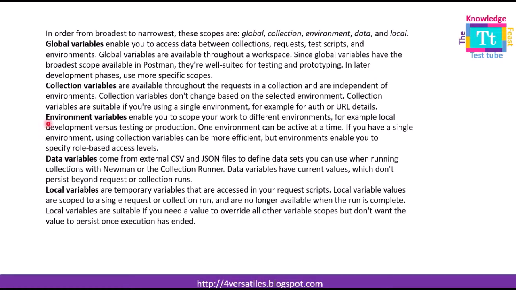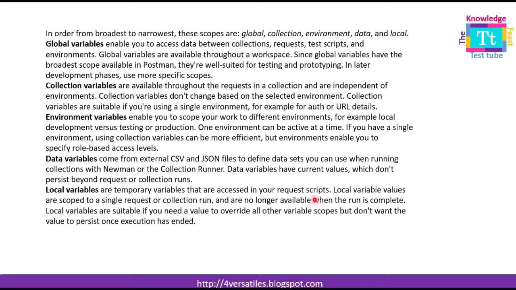So we'll see the usage of the primary type variables in this current session, and we'll discuss the collection framework in detail later in a different section. Similarly, how to manage environments will be covered in detail in a different session, and data variables while we discuss the data-driven framework. And local variables are the ones that are temporarily created and accessed inside the request.